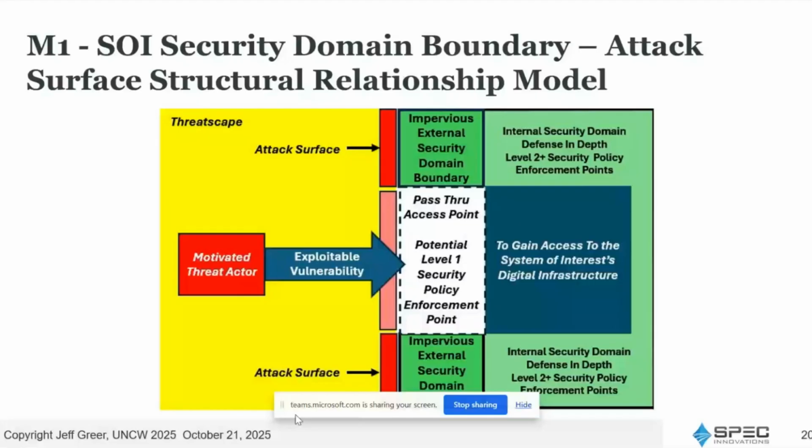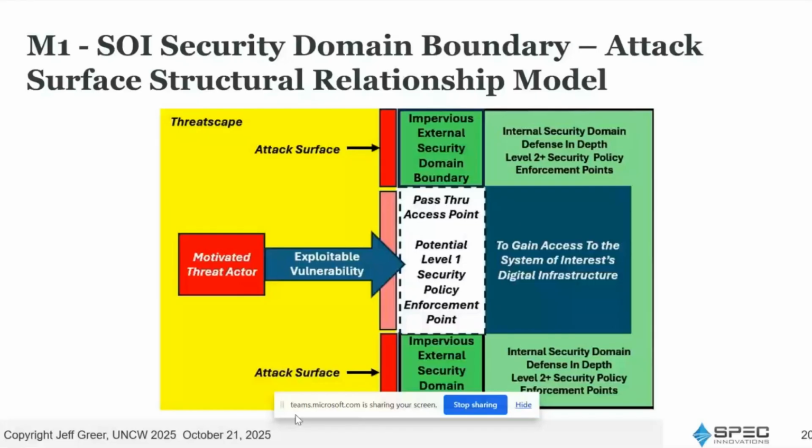And what they're seeking to do is find an exploitable vulnerability so that they can penetrate or pass through the security domain boundary to gain access to the system of interest digital infrastructure. So on the inside of the security domain boundary, you can have other defense in depth features to help out with if somebody does get through, can you limit their lateral movement?